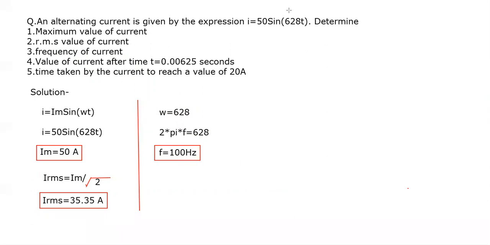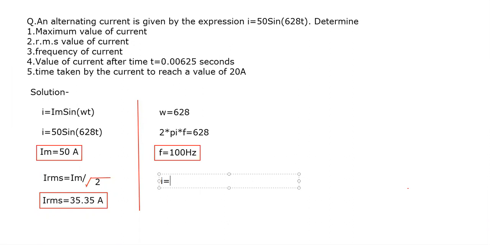Okay. Now, value of current at time t is equal to 0.00625. So here instantaneous value is asked. Okay. And we know the formula for instantaneous value: I is equal to Im sin omega t.